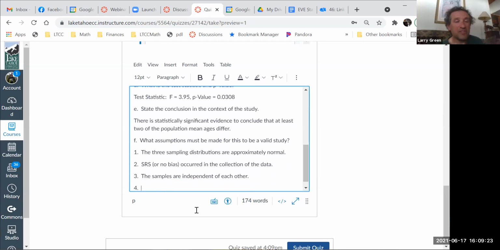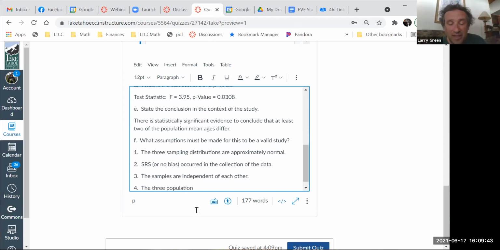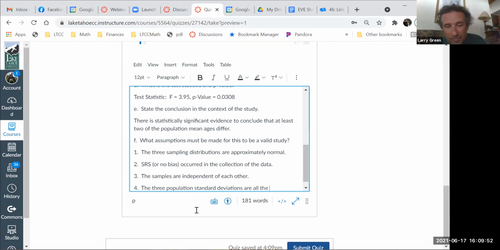What's a 4th assumption? The standard deviations must be the same or similar. Yeah, the 3 population standard deviations are all the same or similar to each other.